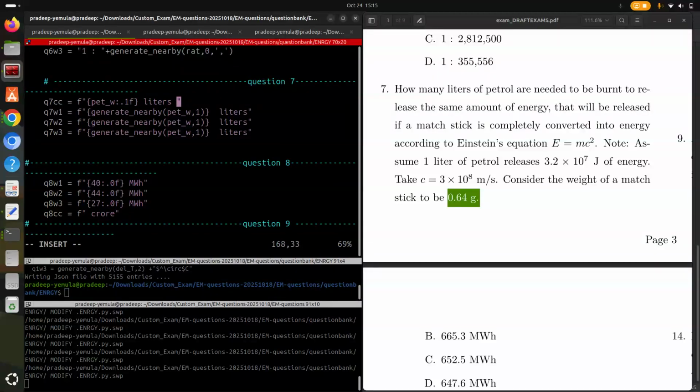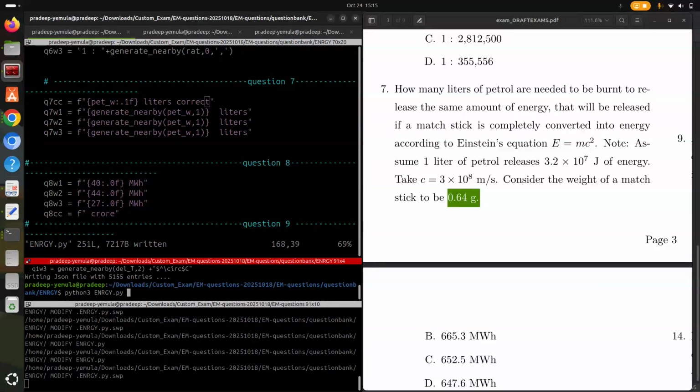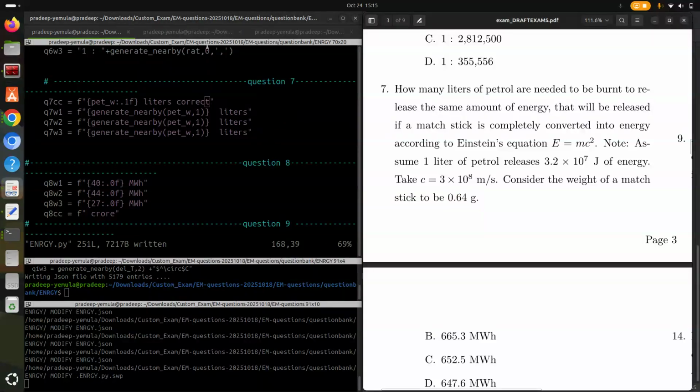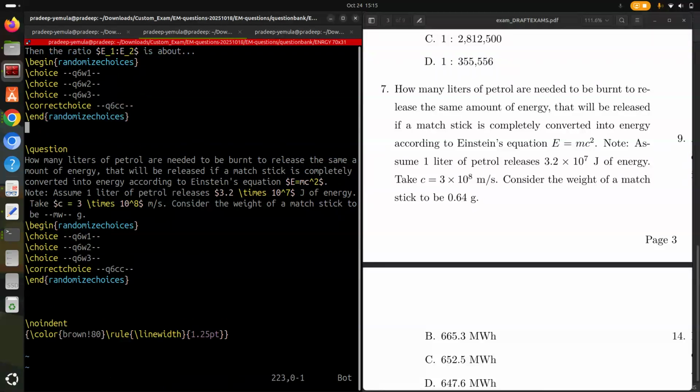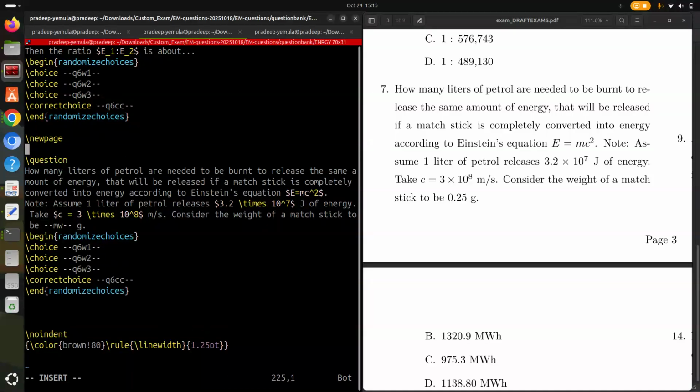So this one is the correct answer. I'll go here and put a new page so that this question will start from the new page.